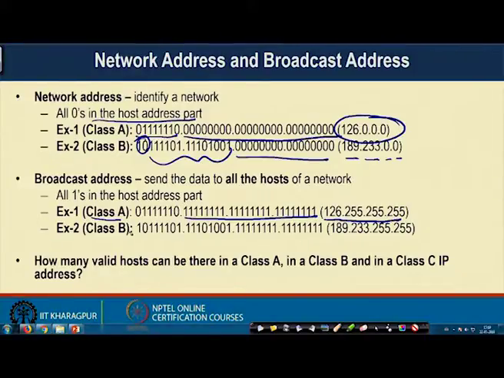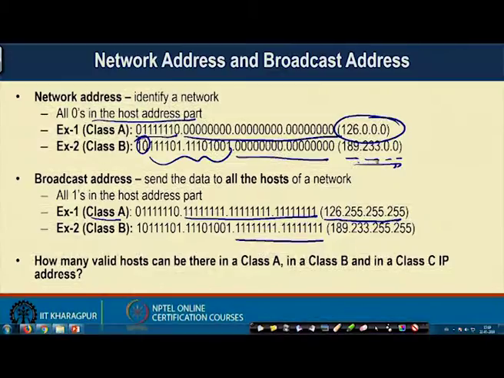Similarly, for the class B network 189.233.0.0, if you put all ones at the host address part, it corresponds to the broadcast address for this network. So, the broadcast address for 189.233.0.0 is 189.233.255.255.